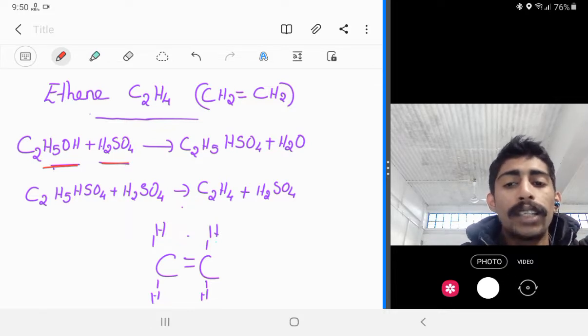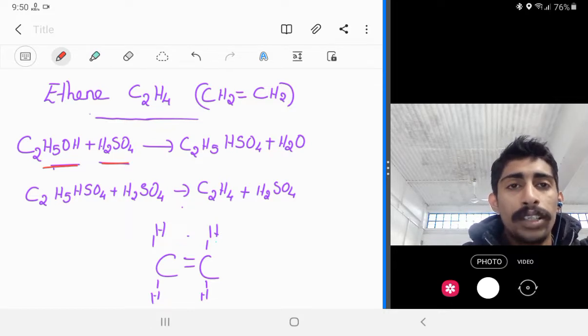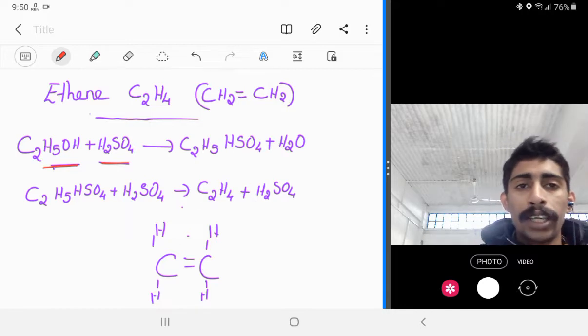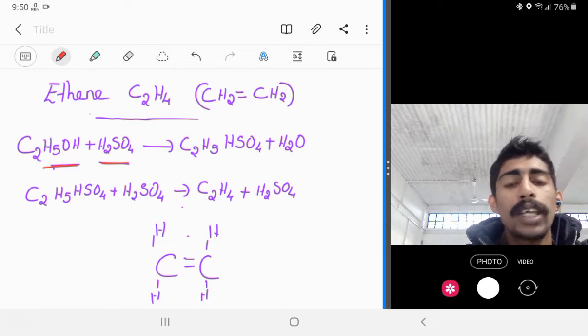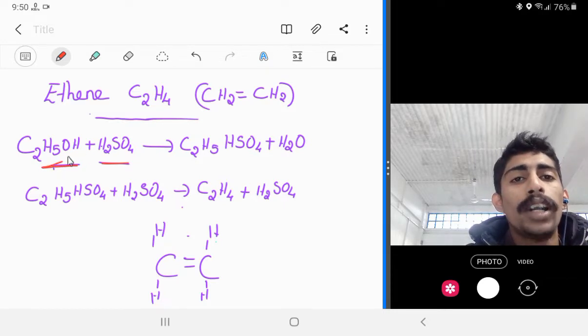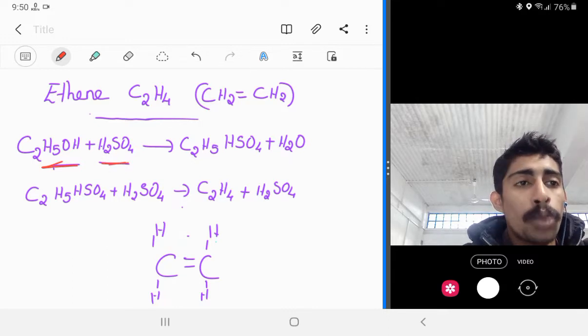Let's look at the diagram. Drawing it here is very difficult, so I am not drawing it. Take the ethanol and sulfuric acid in a round bottom flask, and apply heat energy to the flask.